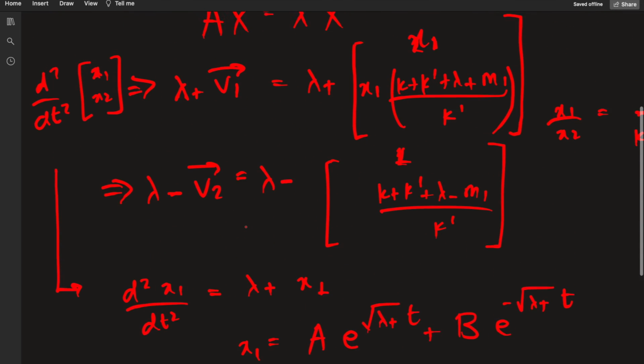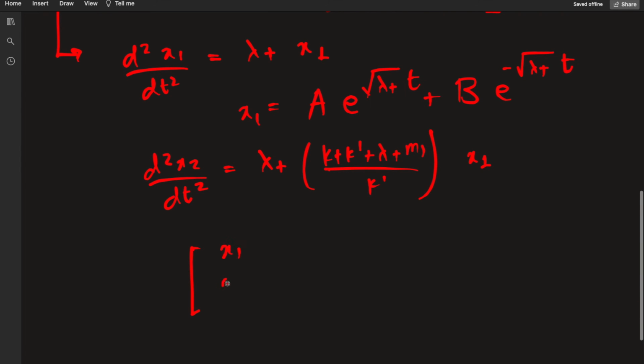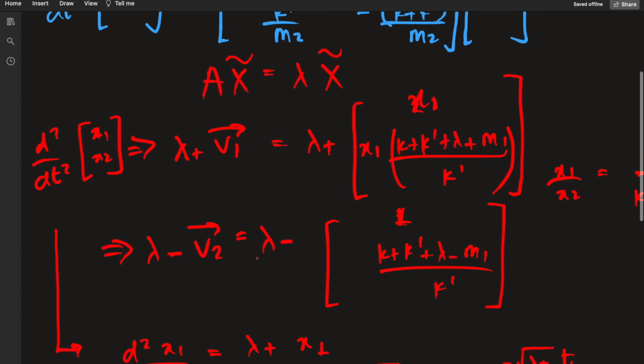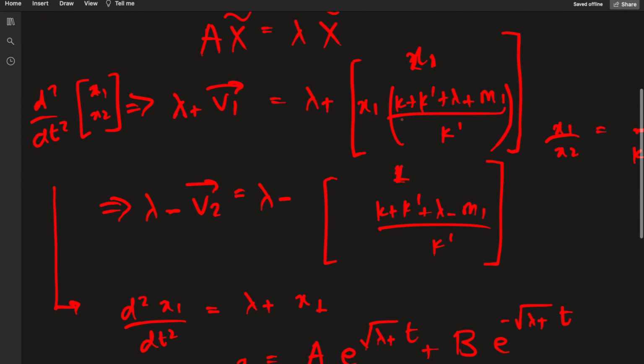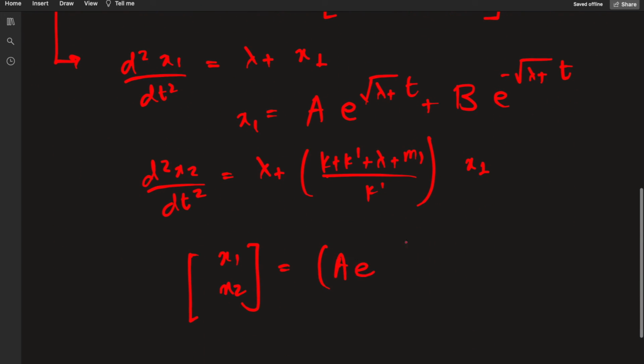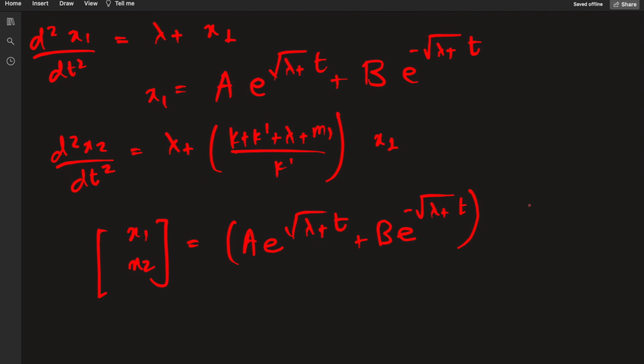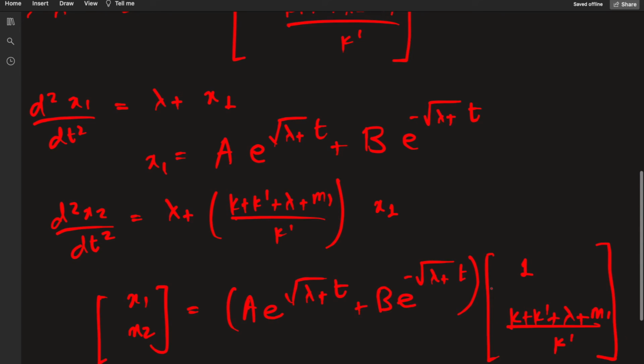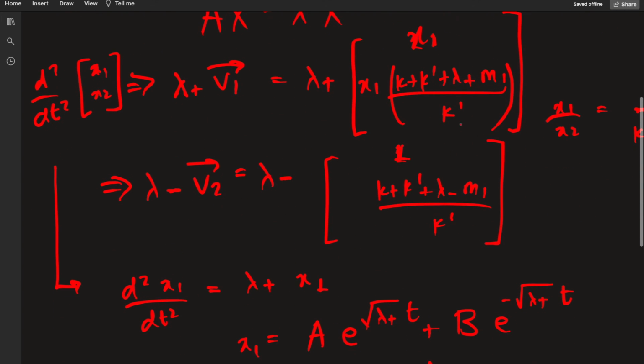So the first system just becomes x1, x2 is equal to a times e to the square root of lambda plus t, b e to the negative square root of lambda plus t, and then apply it to this vector 1, k plus k prime plus lambda plus m1 over k prime. Well, that's for the first eigenvalue.